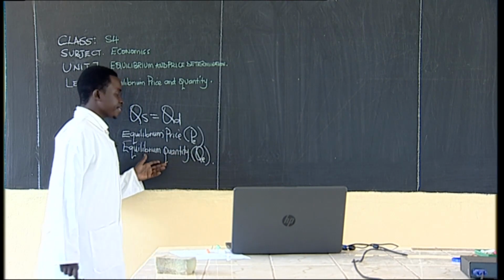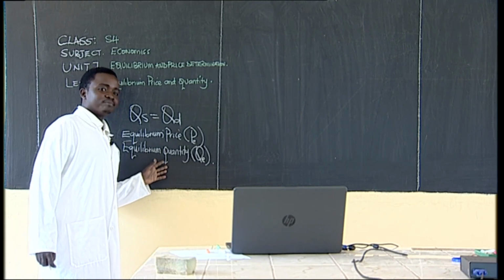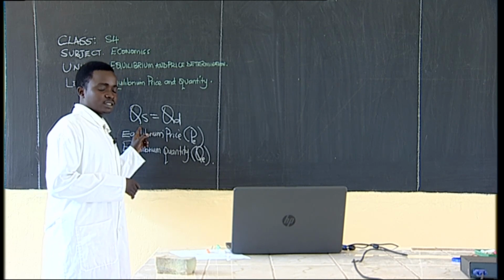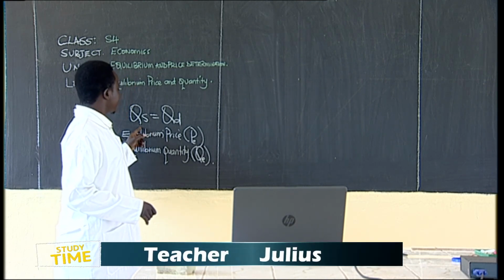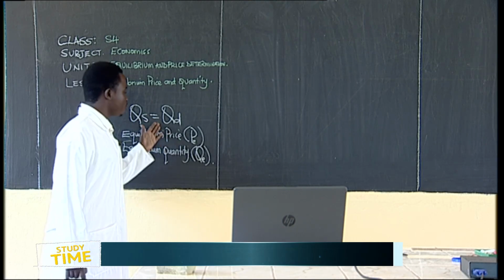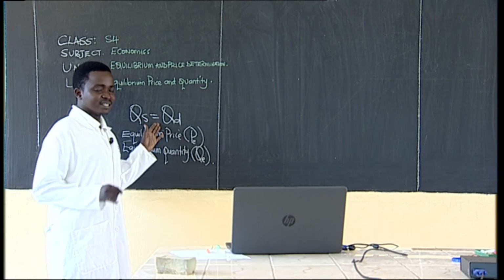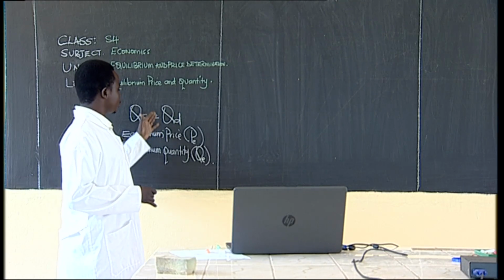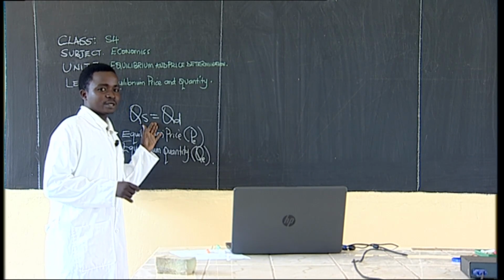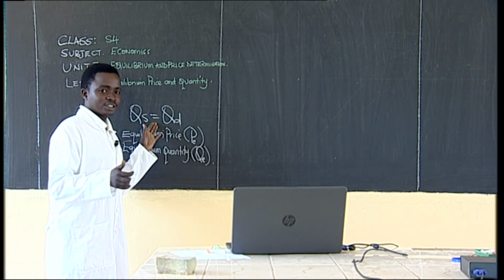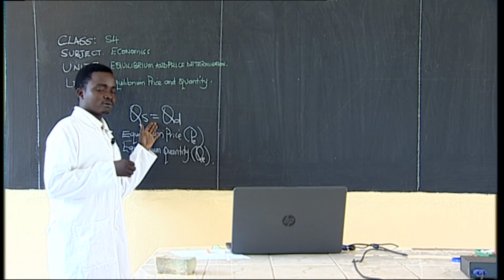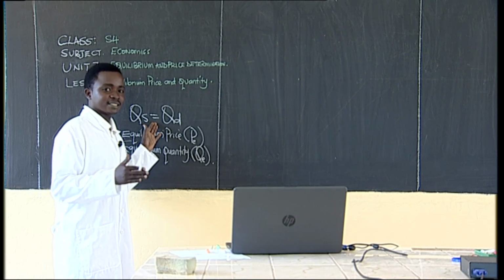Remember this, the market is in balance because the quantity supplied, what producers or sellers bring to the market, can easily be bought by consumers, meaning we don't have a disequilibrium. We don't have either a shortage or a surplus. With a shortage, we have excess demand; the goods brought to the market are less.